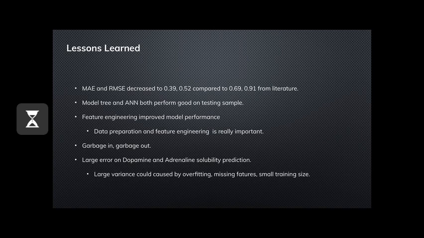Also, if you remember from the last slide, dopamine and adrenaline have very, very similar structures but totally different solubility, which is the impact of the amine group at the end of the structure. Therefore, some features to describe these structural differences are necessary for a better solubility prediction model.